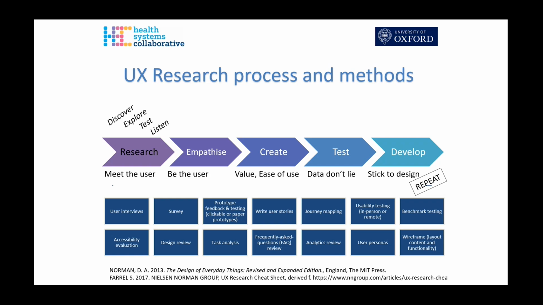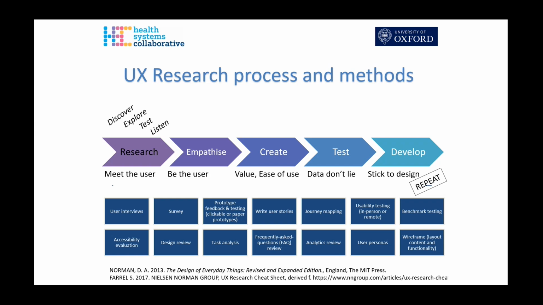Second, then empathize and try to imagine and understand his or her position. In a third step, create a service or device so that it creates value and fulfills the other factors from the honeycomb. In a fourth step, you could then test it, for example, by doing a usability study.